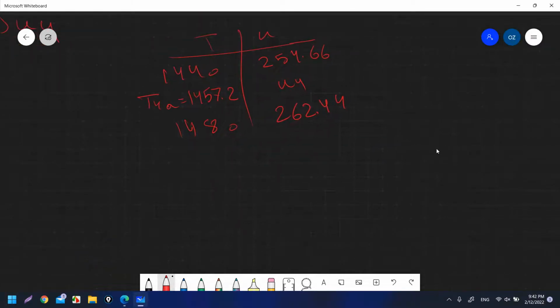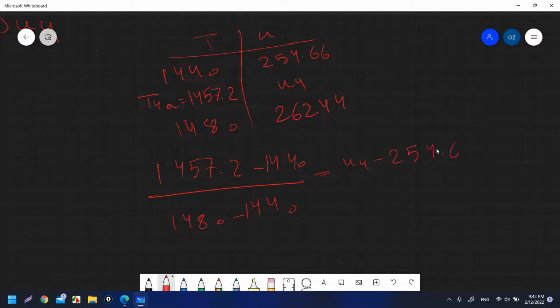Let's make the interpolation: 1457.2 minus 1440 over 1480 minus 1440 equals U4 minus 254.66 over 262.44 minus 254.66. So U4 is equal to 258 BTU per pound mass.